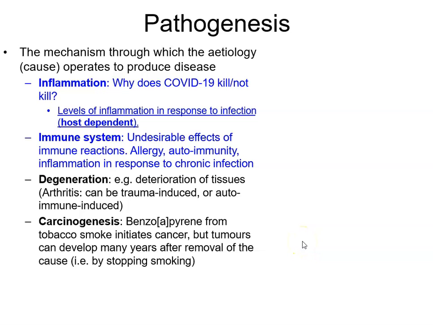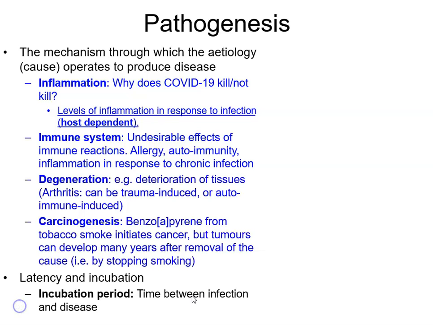And then eventually, with enough mutations, that can develop into cancer many, many years, even decades after stopping smoking. So carcinogenesis is the process by which DNA damaging agents accumulate to the point that the cell can no longer regulate its own normal cell growth and death.